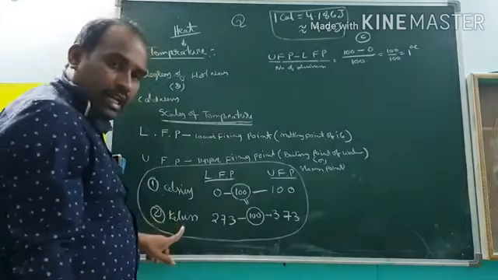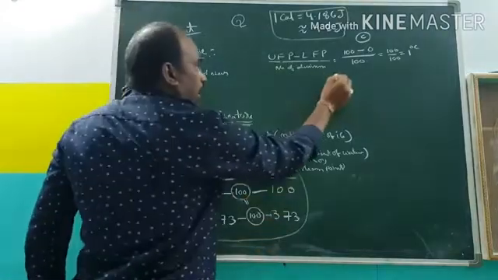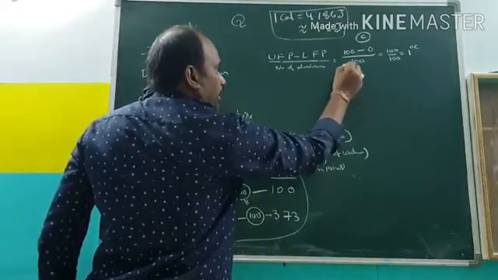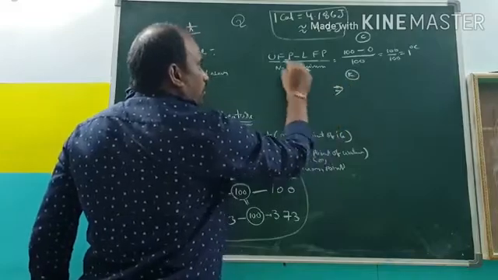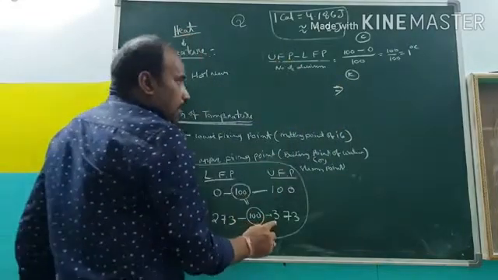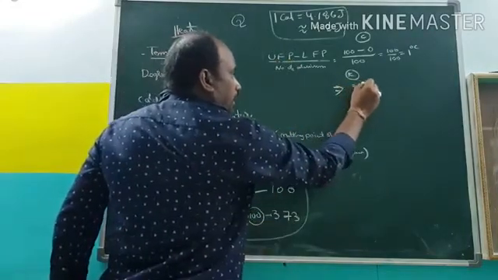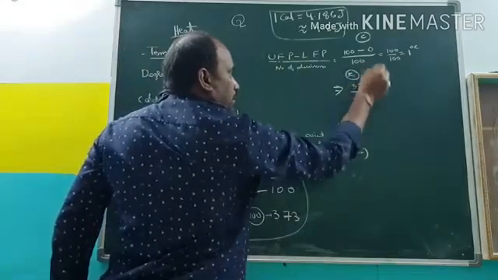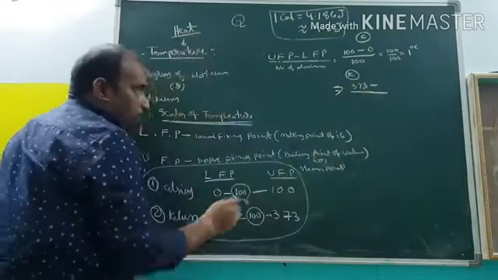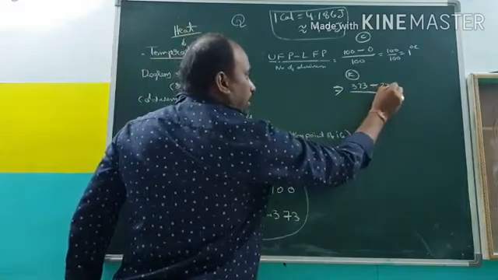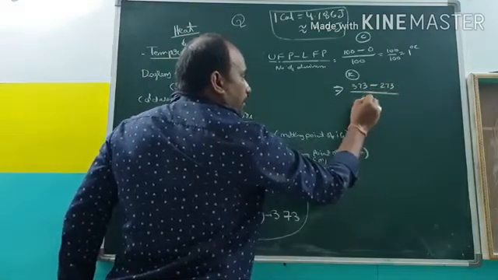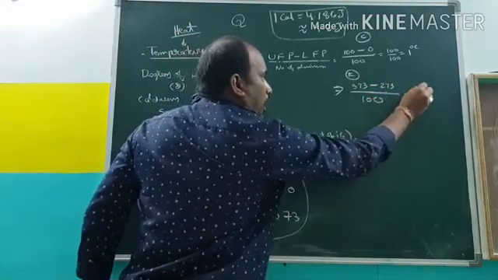Now I am finding it for Kelvin. For Kelvin, the upper fixing point is 373 minus the lower fixing point 273, divided by the number of divisions, 100.